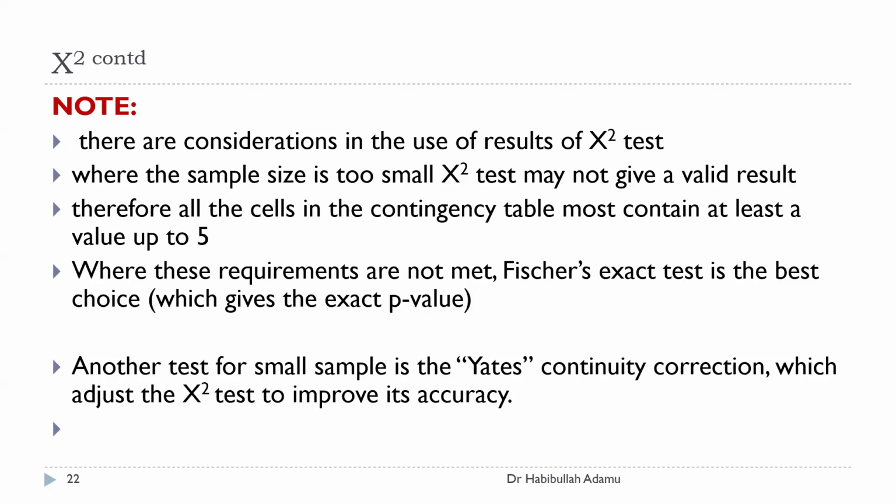Usually, once the cells with expected count less than 5 are not more than 25 percent, fine, you can use your chi-square test.